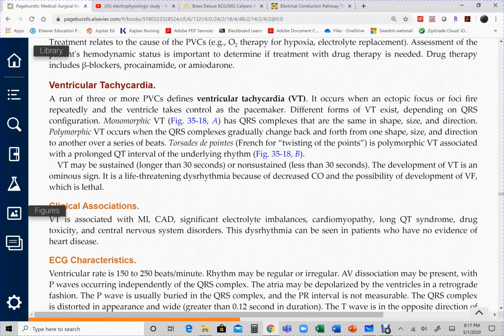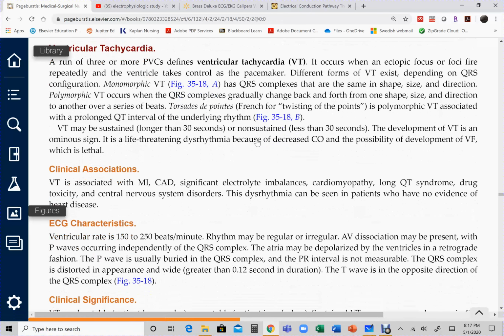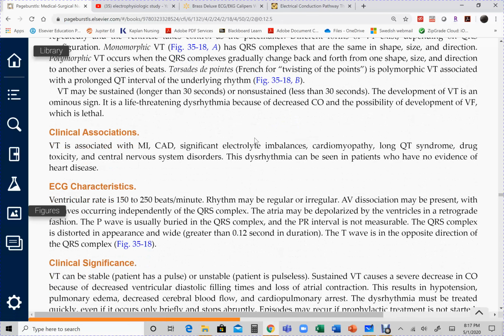A V-Tach can either have a pulse, or a V-Tach may also be pulseless, because the treatment will be different depending on whether or not the patient has a pulse. So that's your clue. If you see a patient in V-Tach, the first thing you do, well, you already know that anyway, in the emergency steps, we always assess the patient.